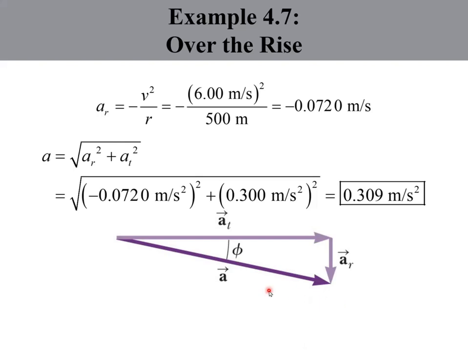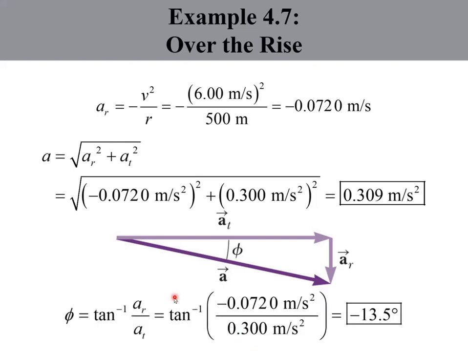From here we can define phi, the angle of the total acceleration, and phi equals tangent inverse of opposite over adjacent, where our opposite is the centripetal acceleration and the adjacent is at. Putting in these two values, we have 13.5 degrees, or negative 13.5 degrees, downward.